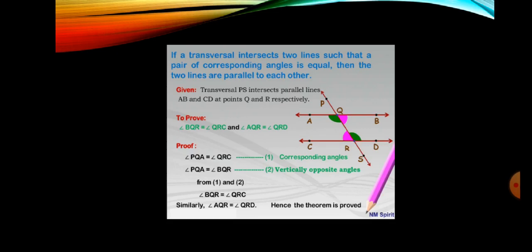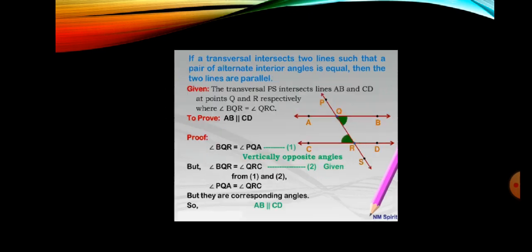They make vertically opposite angles, so they are equal. From the first and second, PQA is equal to angle QRC and PQA is also equal to angle BQR. So it means angle QRC is also equal to angle BQR. Similarly, we prove that angle AQR is equal to angle QRD. Hence, our theorem is proved.